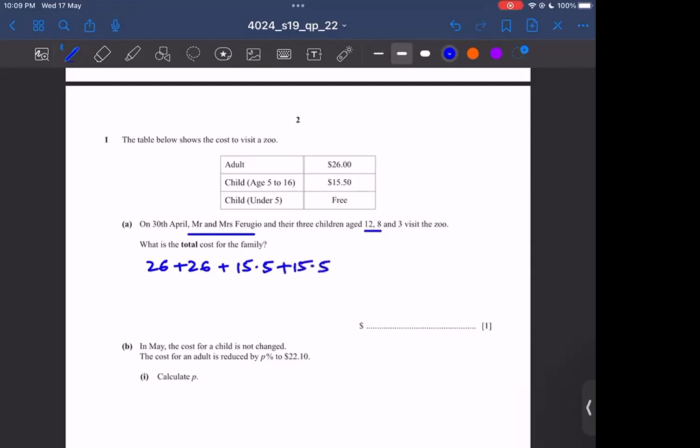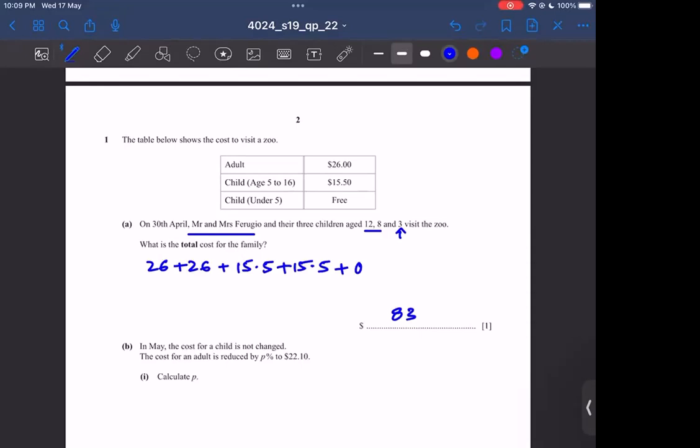And another child who is under 5, his cost is going to be 0. So I'm going to add all these values. 26 plus 26 plus 15.5 plus 15.5 is 83. So $83 is going to be my answer.